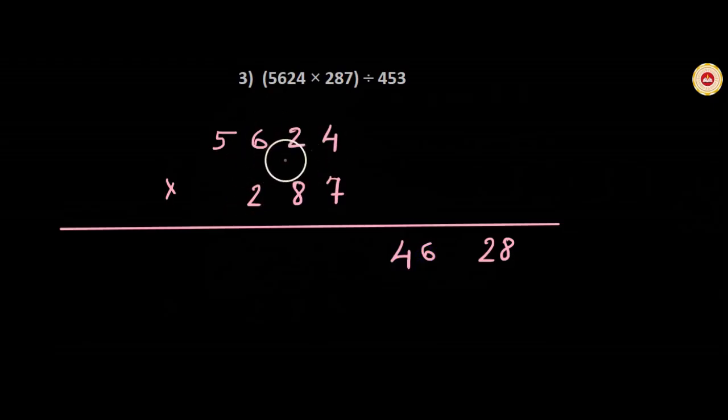Now there are 3 columns. So multiplying the digits in these 3 columns, consider outer columns first and multiply the digits crosswise. 7 6s are 42 plus 2 4s are 8. 42 plus 8, 50, plus 8 2s are 16. That means 66.